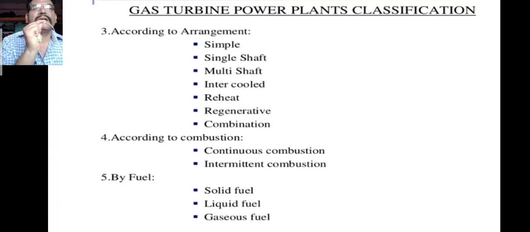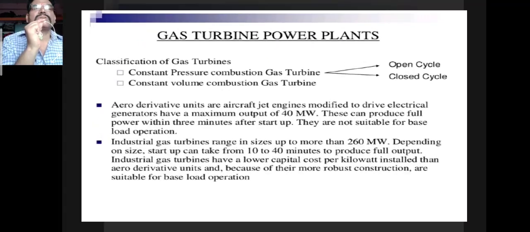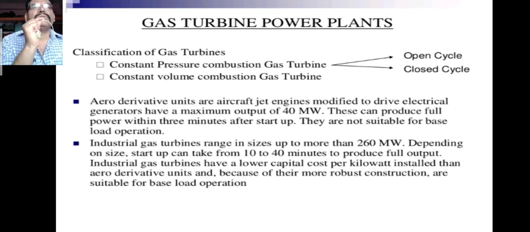According to the combustion, there is continuous combustion and intermittent combustion. Classification by fuel is solid fuel, liquid fuel and gaseous fuel. Again, the classification of gas turbine power plants: constant pressure combustion gas turbine, also divided into open cycle and closed cycle, then constant volume combustion gas turbine.